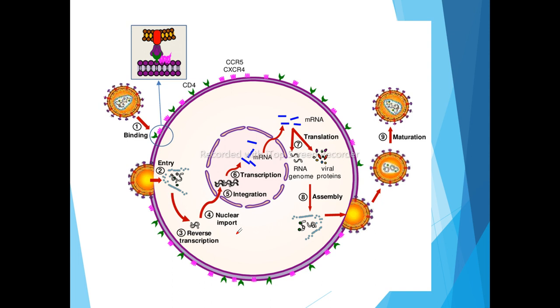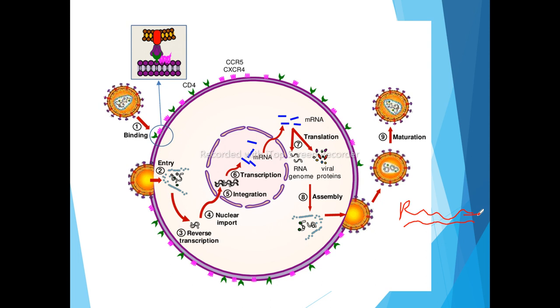So this is what happens. If this is the viral RNA, it's going to be transcribed into the viral DNA. Then reverse transcriptase is going to cut, so that the DNA will remain alone.